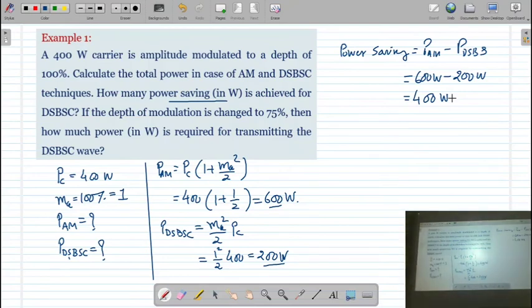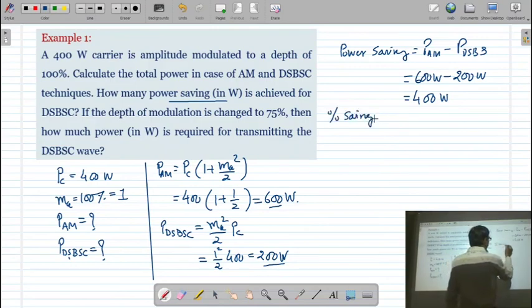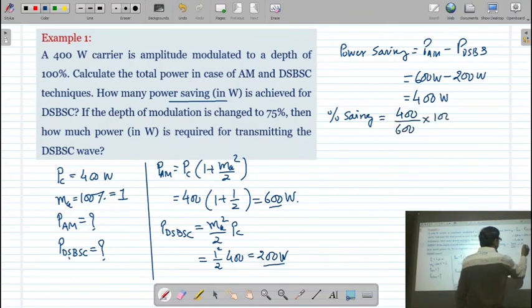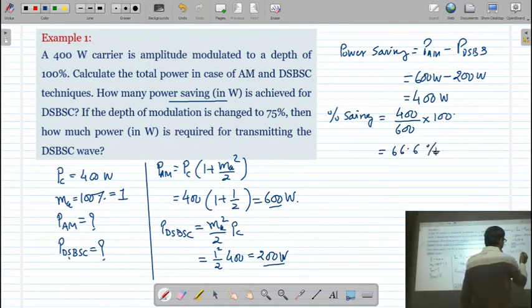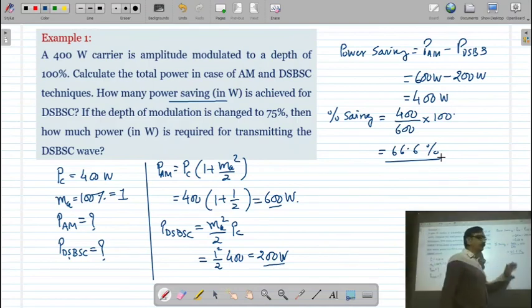If I calculate the percentage of saving power, then this will be 400 divided by 600 multiplied by 100, and this will come out to be 2 by 3, 66.6%, and that's what we have calculated in the theory. So if the modulation index is 1, then the saving of the power will be 66.6%.